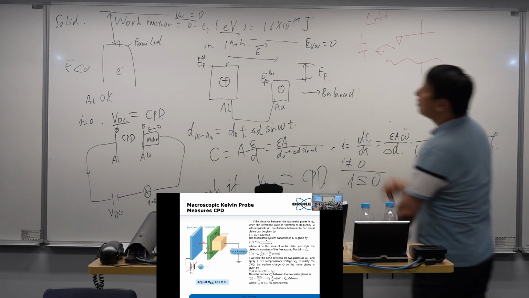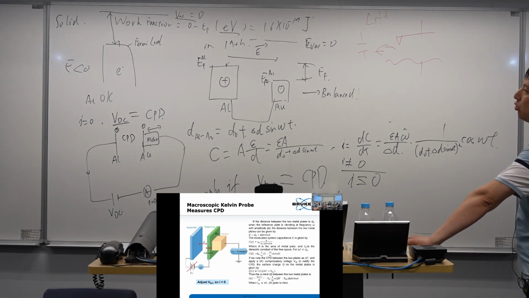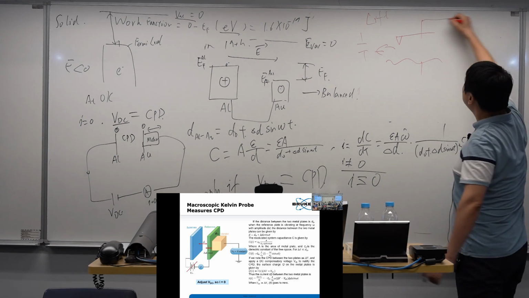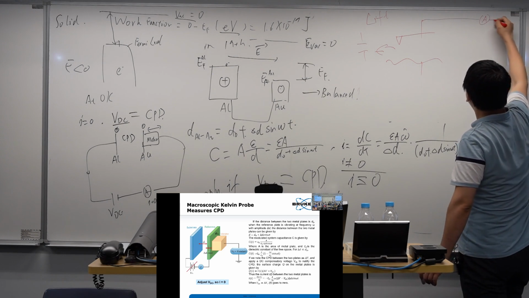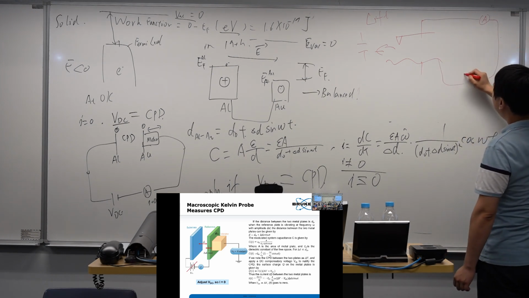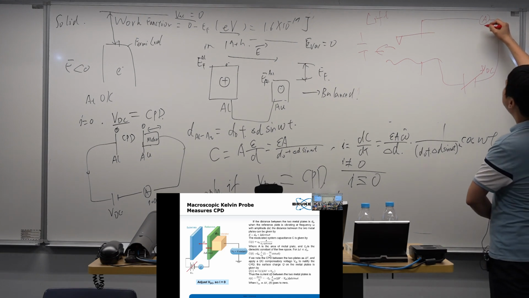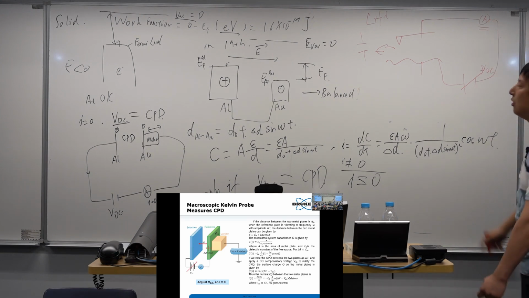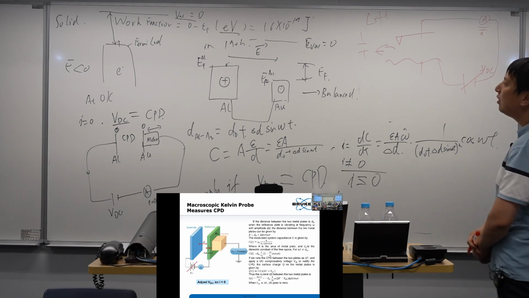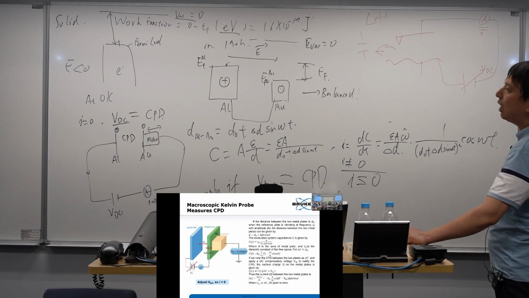The easiest way is I make the same as Sir Kelvin's setup, and then I add a VDC here. I add an amperemeter here, and I'm looking at the current.